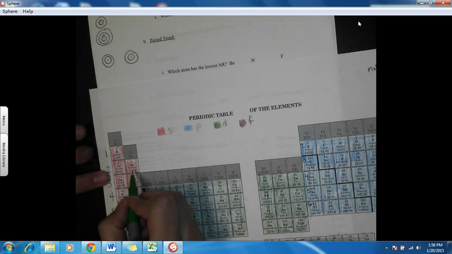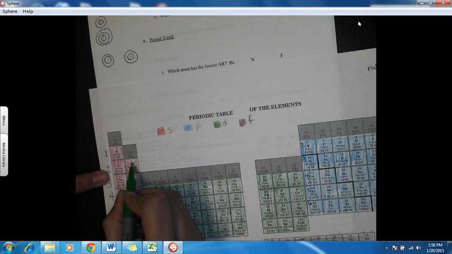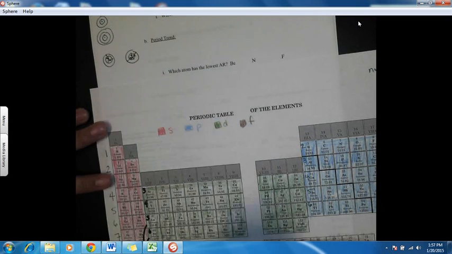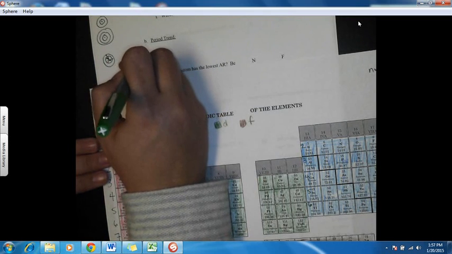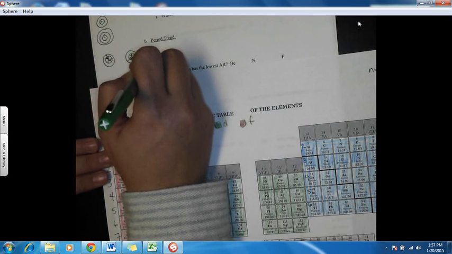But beryllium has 4 positive charges, and lithium only has 3. So those extra positive charges pull in on 4 electrons, whereas lithium is pulling in on only 3 electrons. So the more pull to the center, the smaller it gets. Smaller because of more pull.